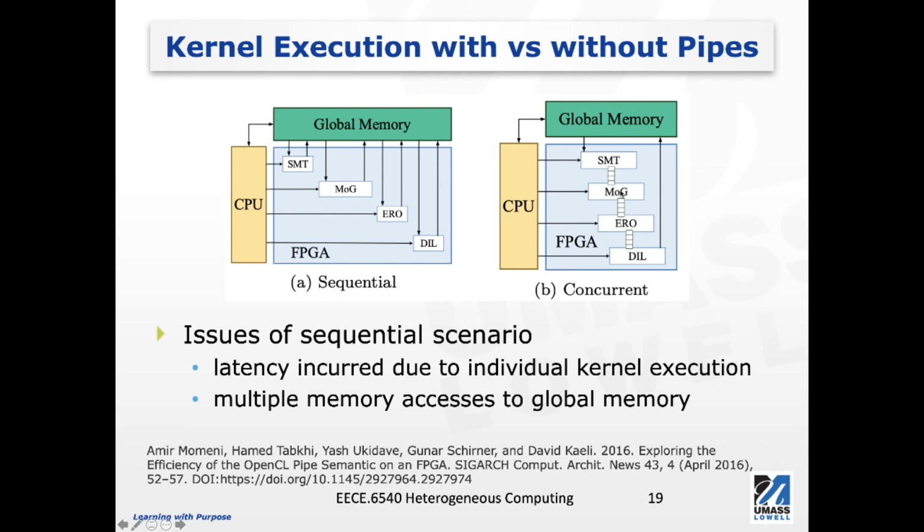And we do the same thing for the next several stages. All of them are using pipes to transfer the intermediate data. And in the final stage, after the DIL stage is done, the detected objects will be stored into the global memory. So as you can see, compared to the sequential scenario, the memory accesses to the global memory are reduced drastically.